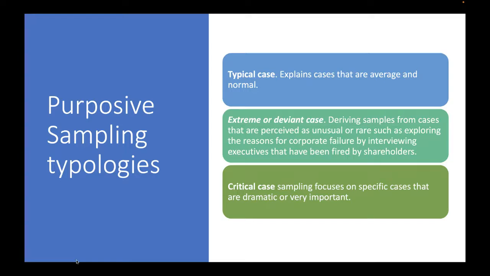There's one typology that is not here and probably the most common of those typologies, and it's called maximum variation purposive sampling. That's really saying, look, I want to sample people who represent all the different characters that are there. I want the typical case, I want the extreme or deviant case, I want the critical case, I want to vary it up, and that's what maximum variation purposive sampling is.